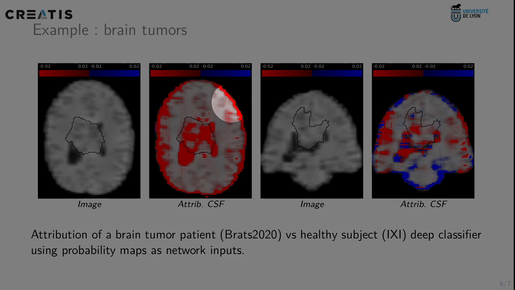We have to do the skull stripping ourselves for the healthy subjects. So the preprocessing tools for this element are probably not the same, and the network probably learned to find some signature of these tools on the contour of the brain.